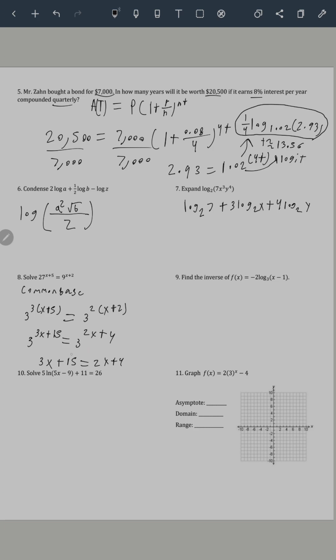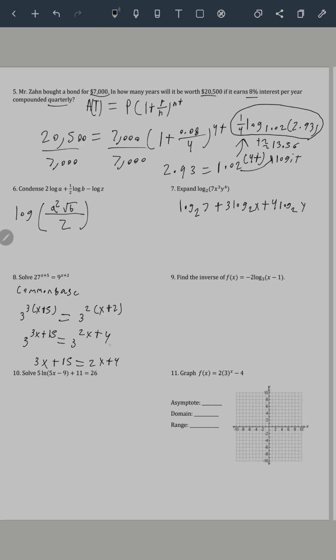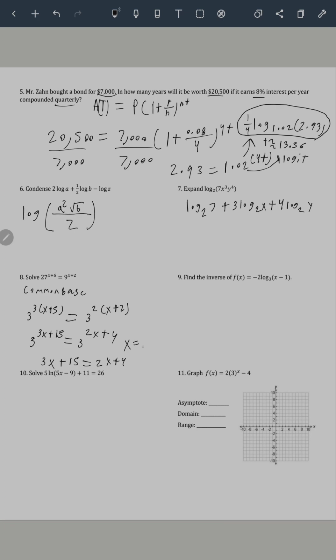And now you just solve them. You bring the 2 to the other side, you bring an x, it's x, and then I'd say bring the 15 over here. So you just do a negative 11. Yeah, that's the answer. The answer is negative 11.